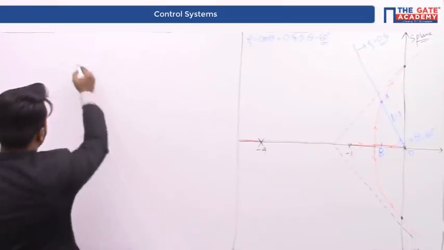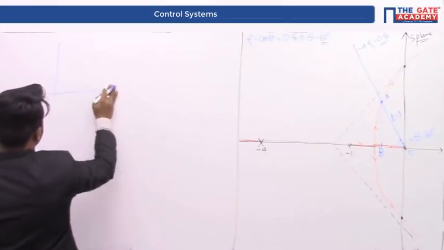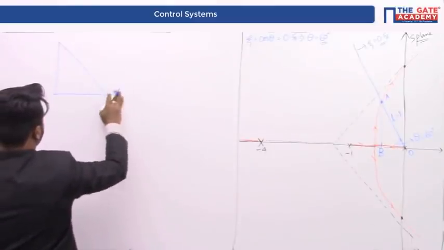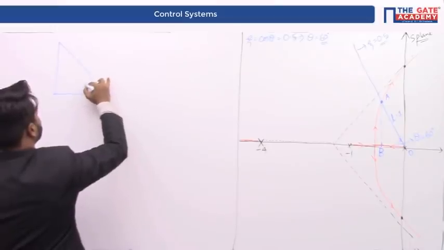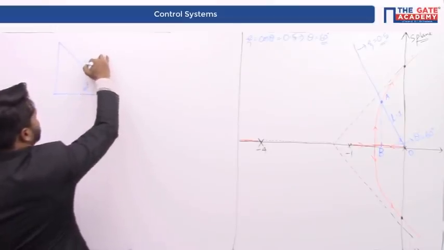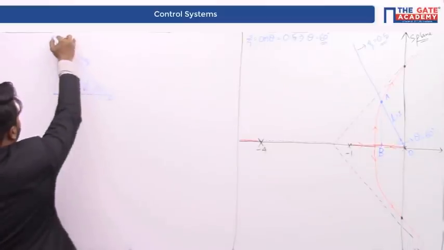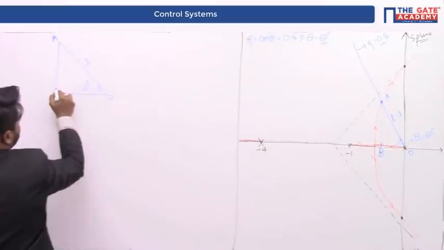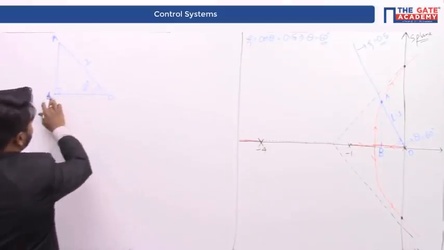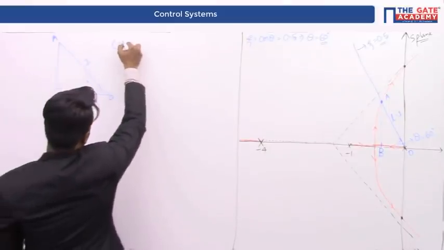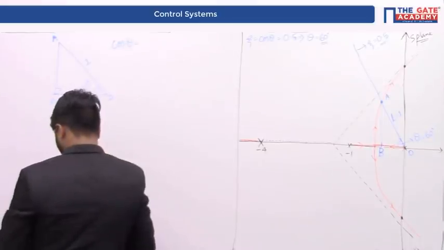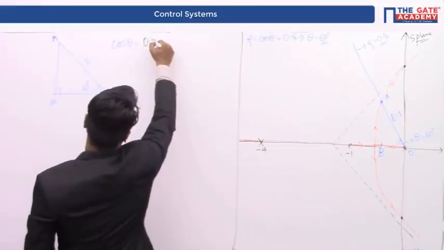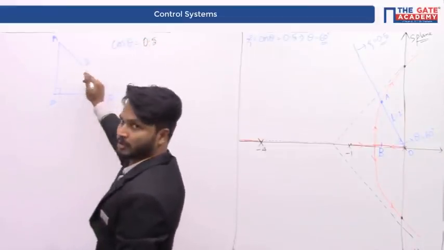From the triangle you can see that this angle is 60 degrees, this distance is 1, and the triangle is OAB. This is 90 degrees. So cos theta is equal to 0.5, that is, adjacent side divided by hypotenuse is 0.5.